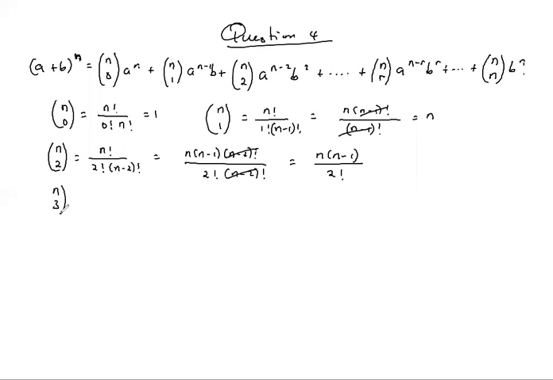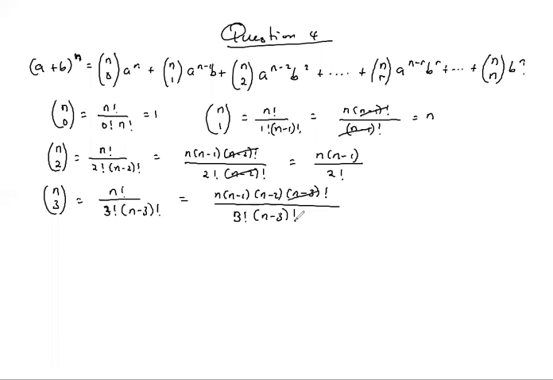If we do 3, we'll get n factorial over 3 factorial times (n minus 3) factorial, which becomes n(n minus 1)(n minus 2)(n minus 3) factorial over 3 factorial times (n minus 3) factorial. And this part and that part get cancelled, so we remain with n(n minus 1)(n minus 2) over 3 factorial.